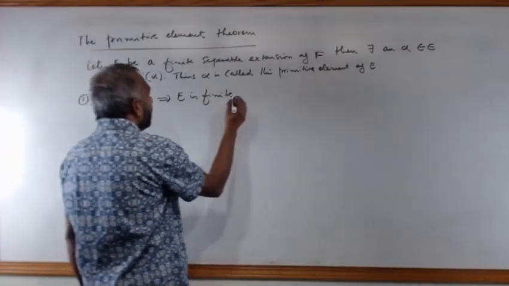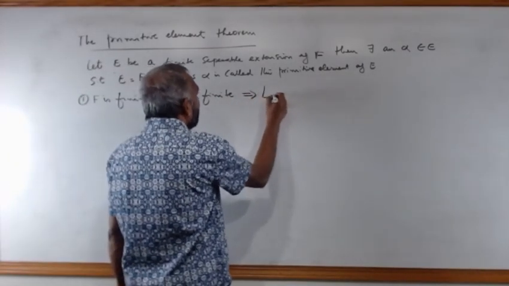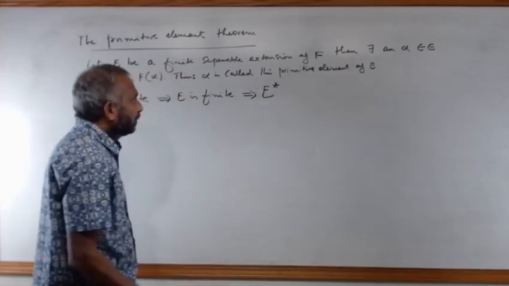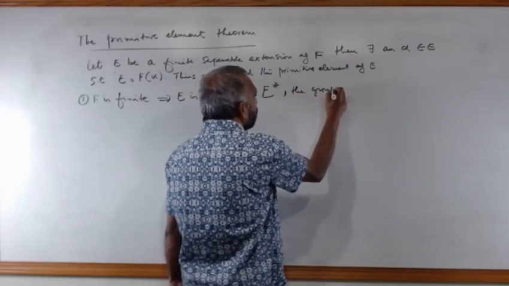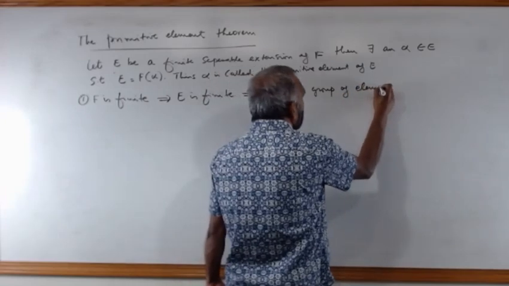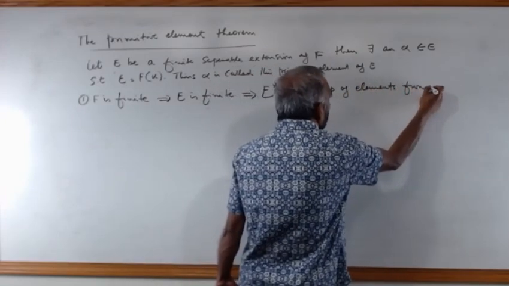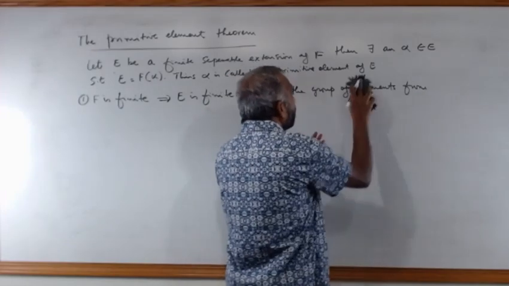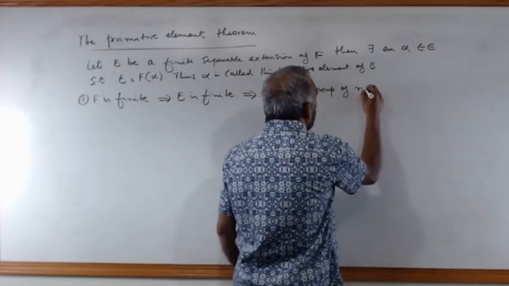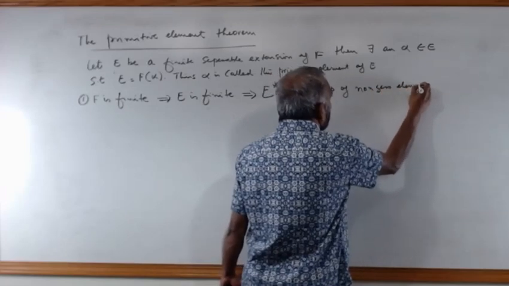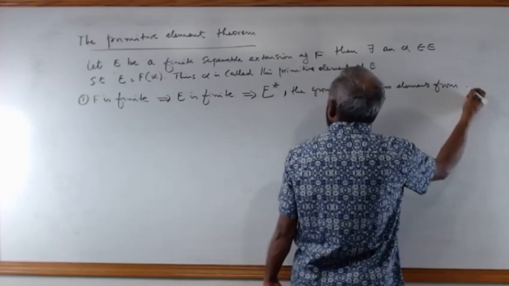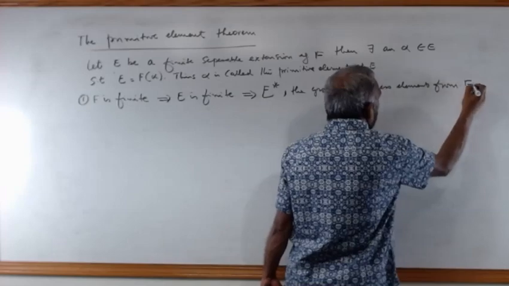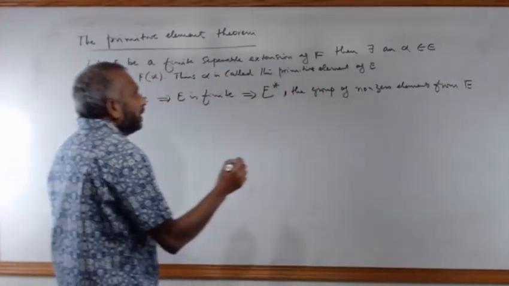But if E is finite, then E star, the group of non-zero elements from E, is cyclic.